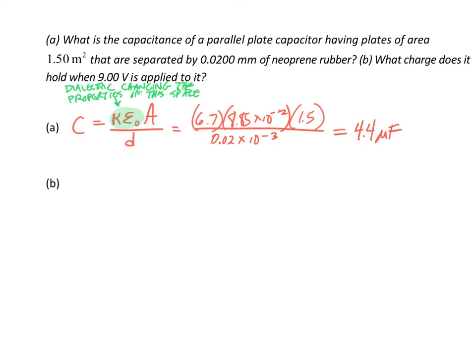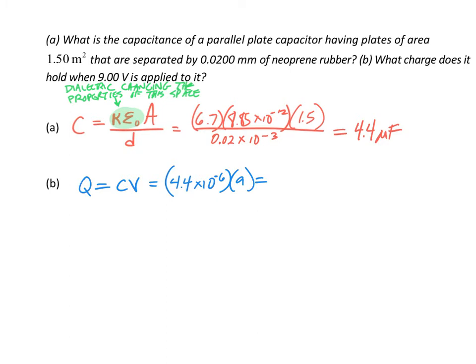Part B of this problem. What charge does it hold when 9 volts is applied to it? Well, we started with that one. Charge is directly dependent on capacitance and voltage. We just computed the capacitance. And the voltage they're asking about is 9 volts.